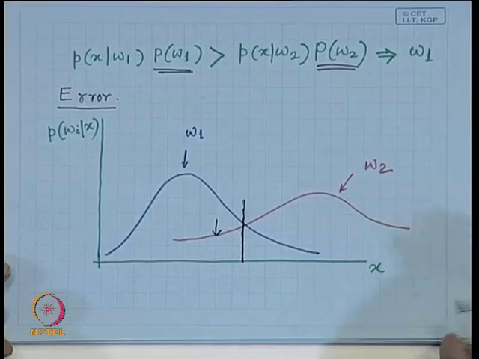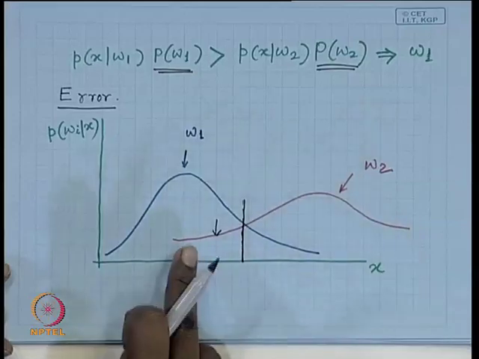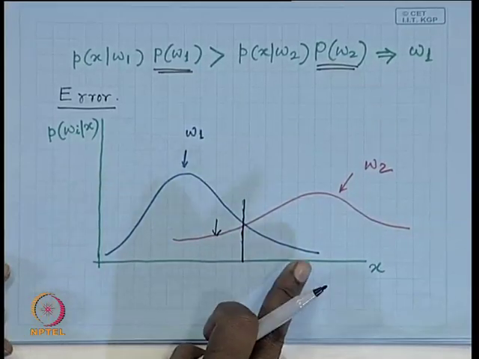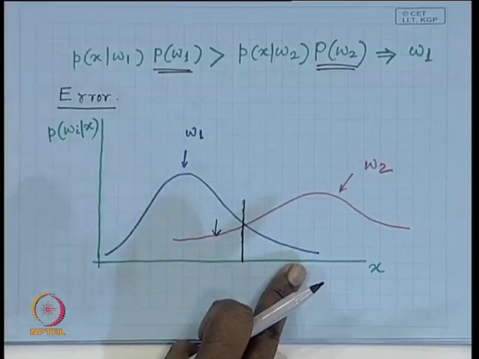So, there is a finite probability of error. And what is that probability of error? If I decide in favor of class omega 1, the probability of error is the probability that the object may belong to class omega 2. Whereas, if I decide in favor of class omega 2, then the probability of error is the probability that the object may belong to class omega 1.